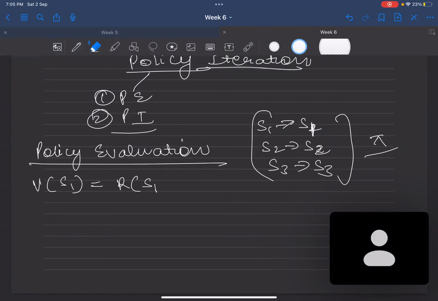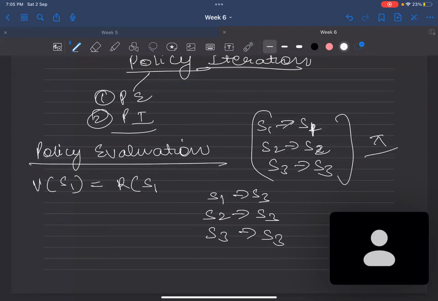Here you have chosen a fixed policy, but the policy could be any random one. Similarly from S2, we can go to S2, S1, or S3.